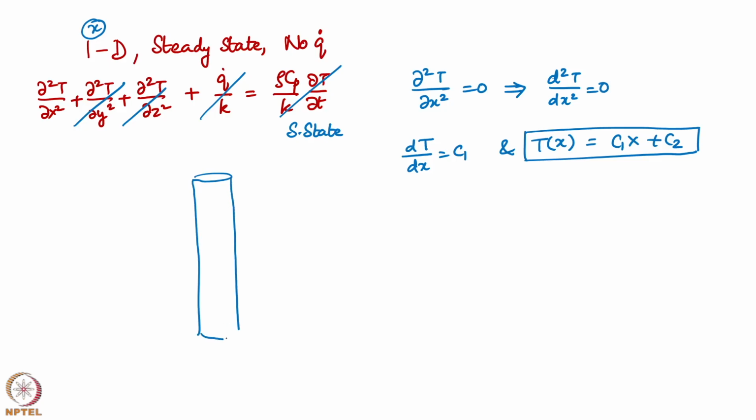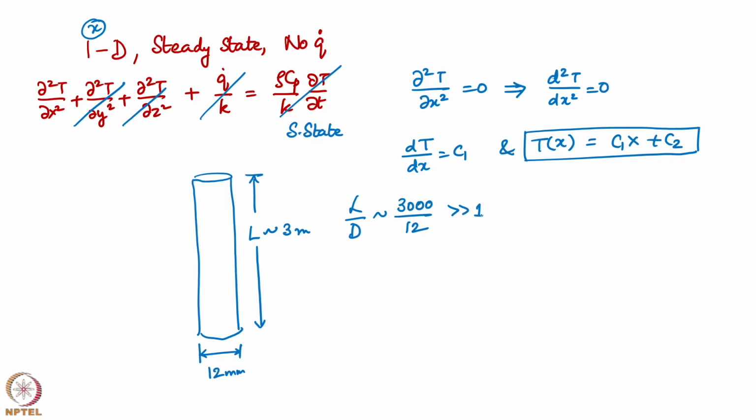If you are looking at a nuclear fuel rod, the length scale is of the order of 3 meters. The fuel rod diameter is of the order of say 12 millimeter. So, L over D is like 3000 millimeter divided by 12, so it is much greater than 1.